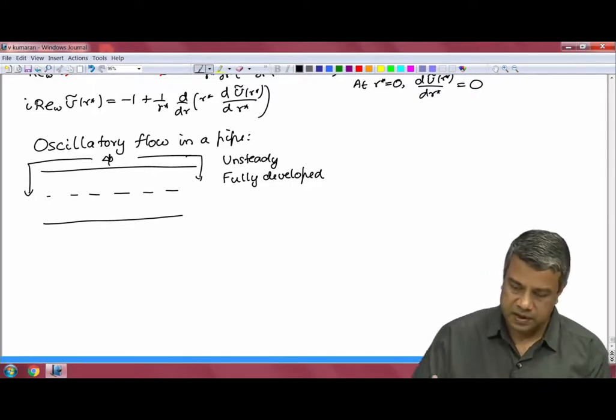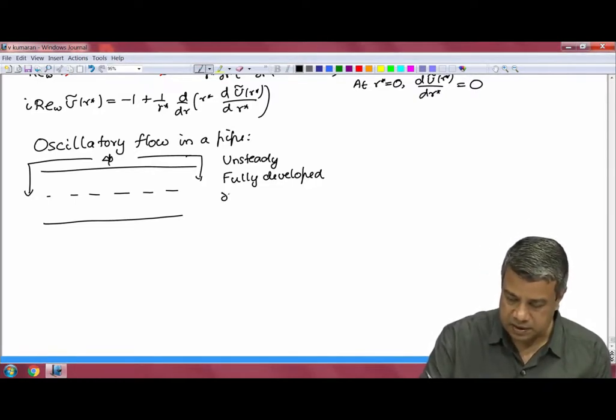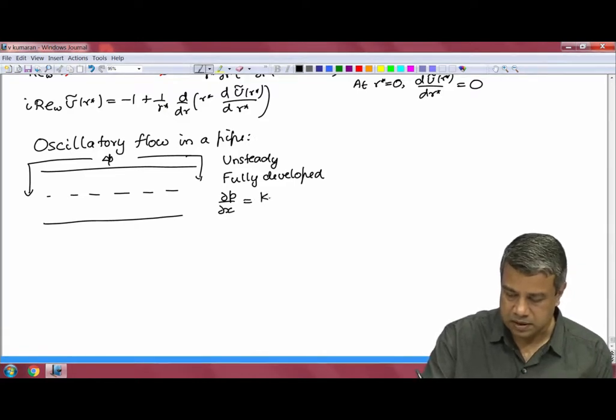direction. Okay. And the pressure gradient we had taken as partial p by partial x is equal to k times cos of omega t.